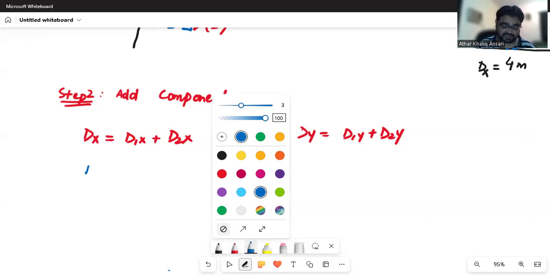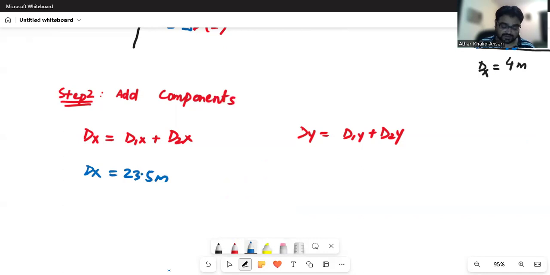Whereas dy, you know d1y was 22 plus negative 40.7. So this is 22 plus negative 40.7, giving me 18.7 with a negative sign. So dy I got is negative 18.7.